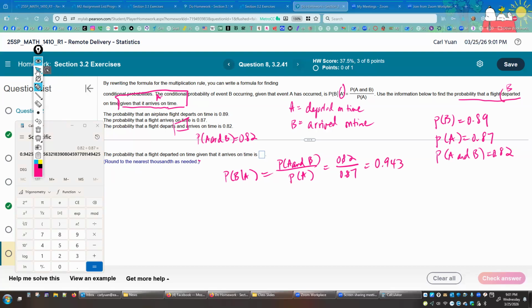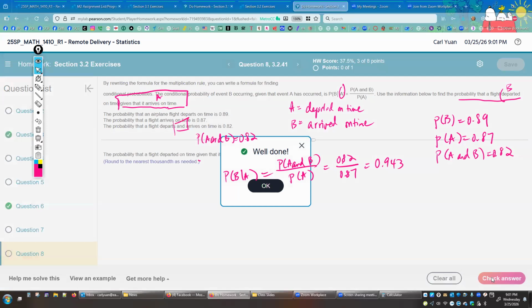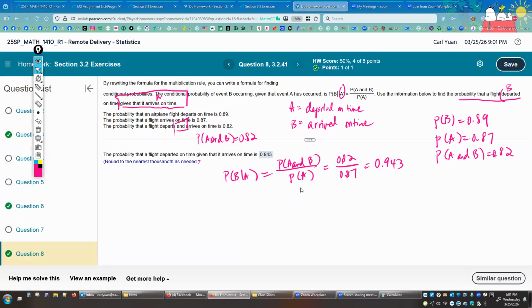Let's put that in. Yep, looks like that's it.